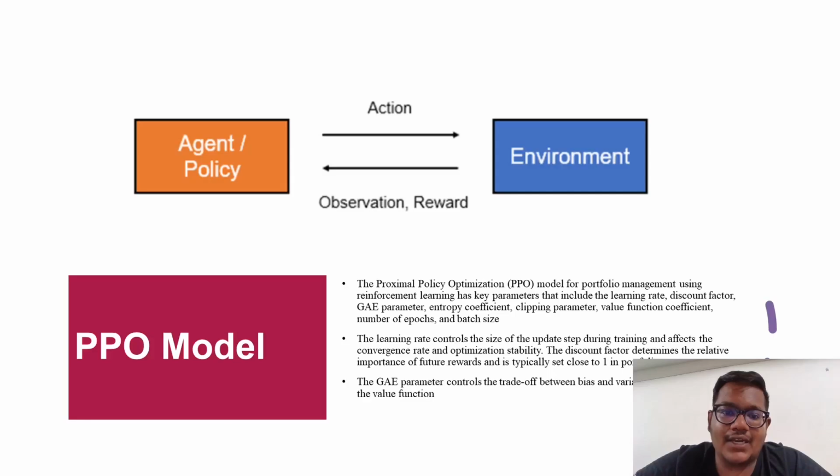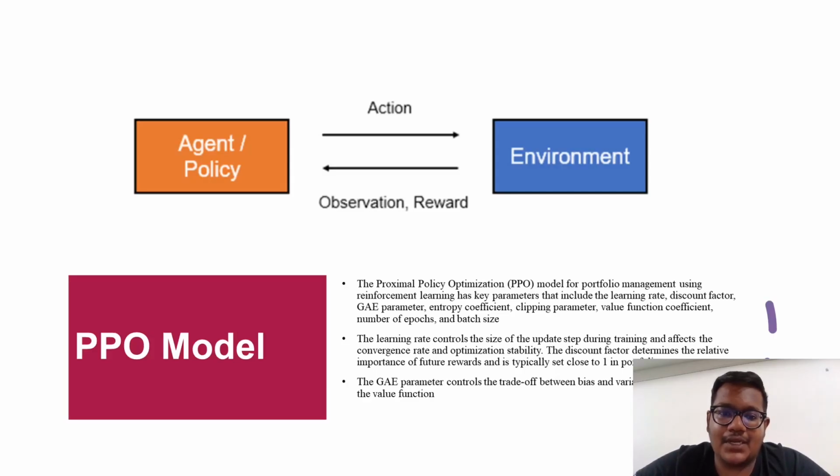The discount factor determines the relative importance of future rewards and is typically close to one in portfolio management. The GAE parameter controls the trade-off between bias and variance in the estimation of the value function. The entropy coefficient controls the degree of exploration during training, balancing exploration and exploitation to find the best investment strategy.